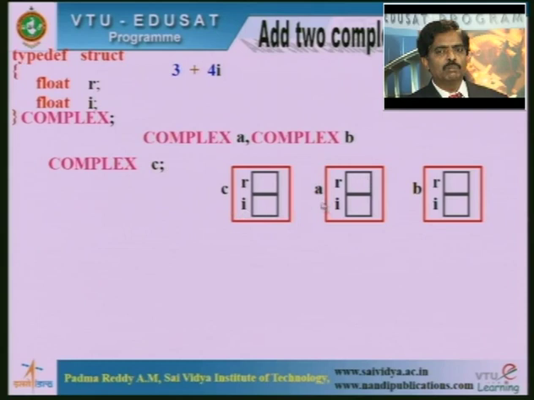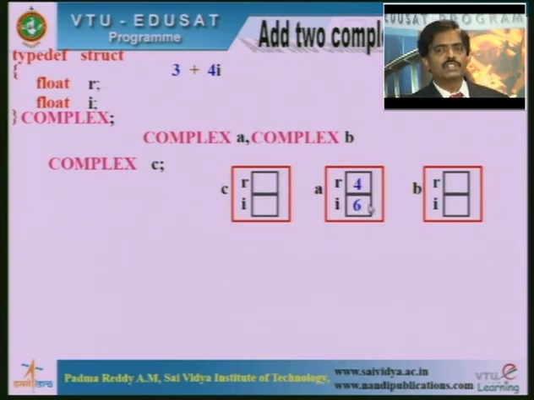So this is one complex number which is identified by A. This is another complex number consisting of real part and imaginary part, and it is identified by the variable B. There is another complex number which consists of real part and imaginary part, and this is identified by the variable C. Now suppose we have one real part contains 4 and imaginary part contains 6.